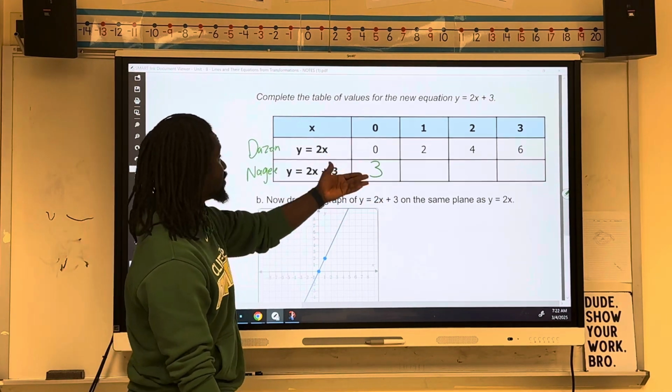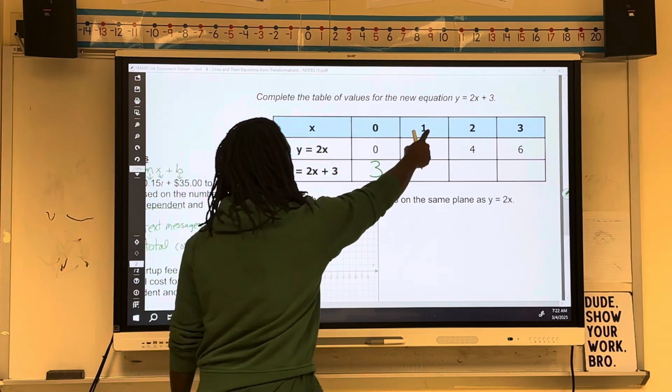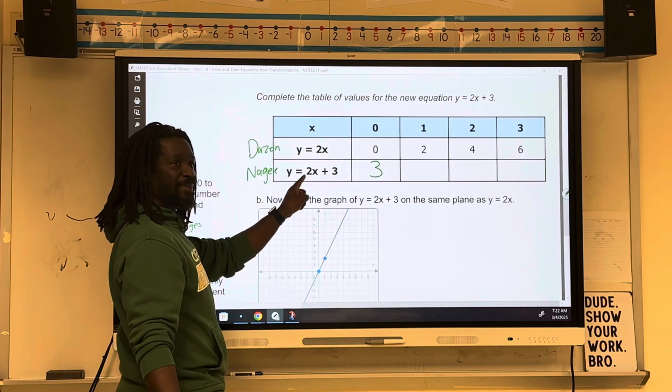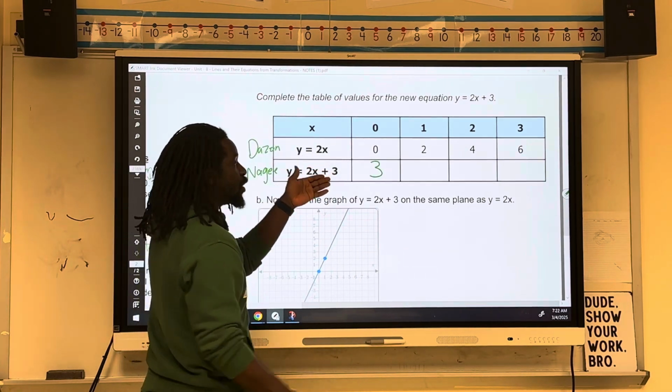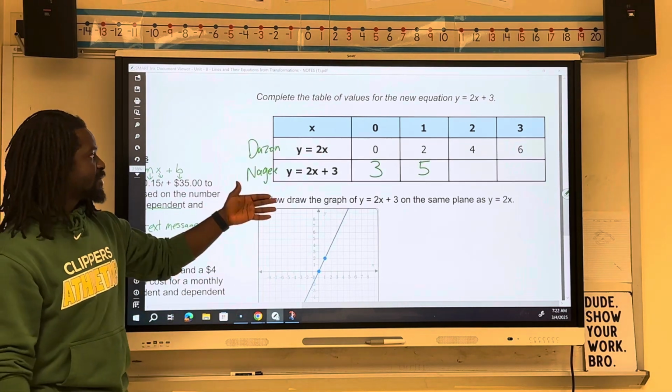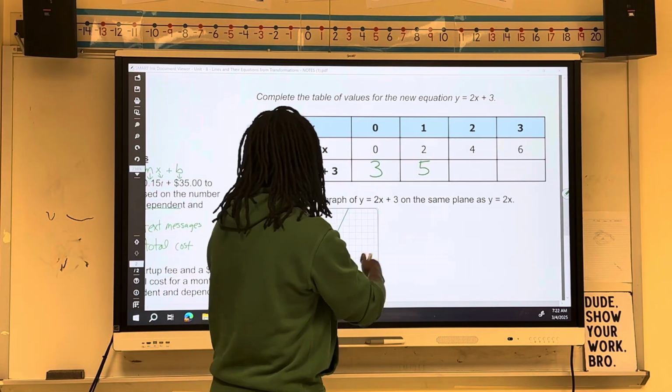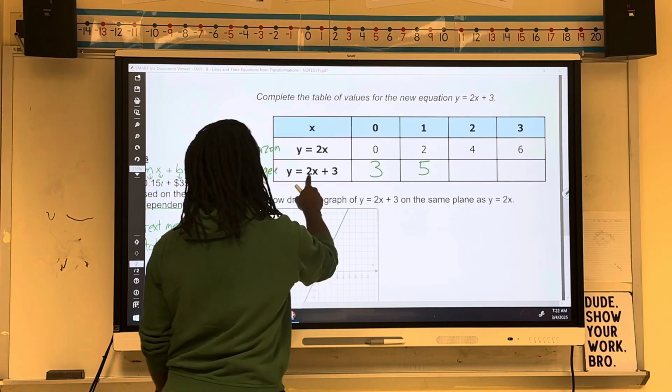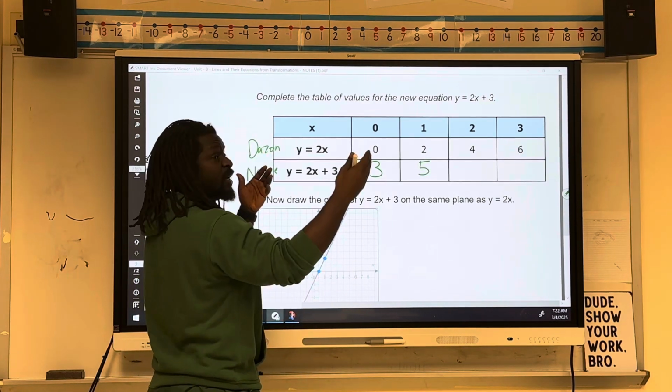Well, then let's continue on after day 1. After day 1, Najee gets 2 Blair bucks, plus the 3 he already had, so he has 5, okay? And so, again, you could finish this out. But I'm going to take 2 times 2, I get 4.